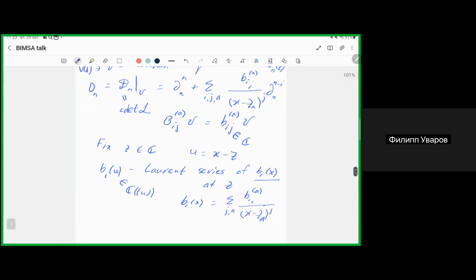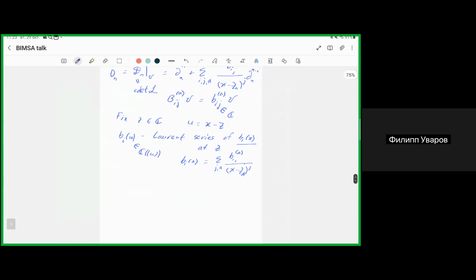Okay, and so if we consider this Laurent series, I can consider a differential operator in u with coefficients which are series in u. I'll write for it D_n of u. So it's d_u to the power n plus the sum of b_i of u times d^{n minus i}.